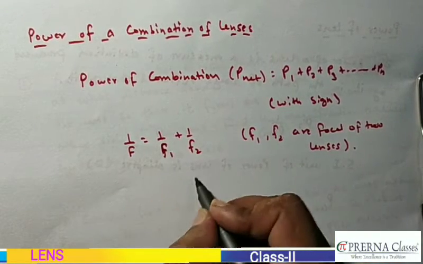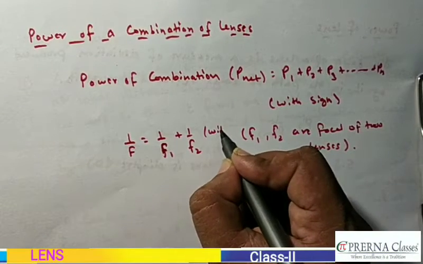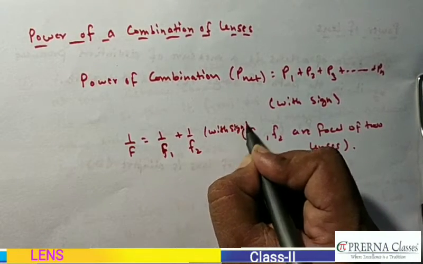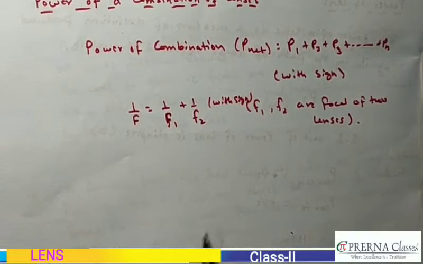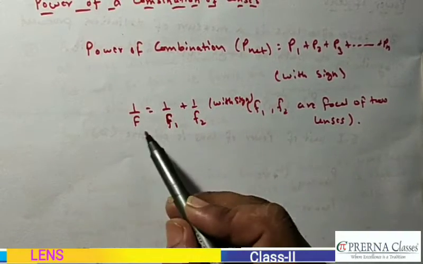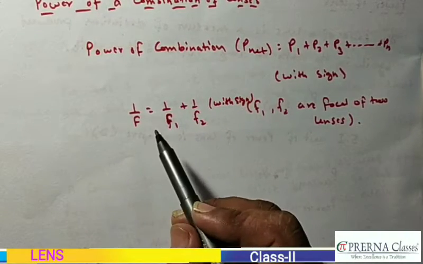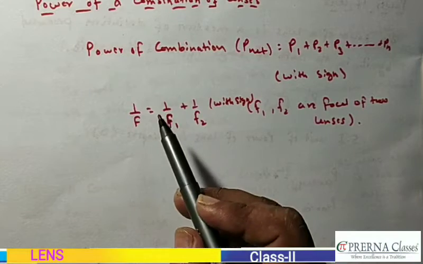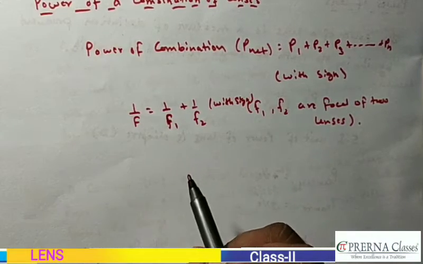Again here you have to use this formula with sign. Whatever sign comes effectively, that will be the sign of the effective focal length.